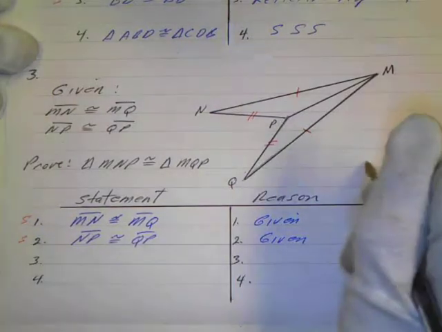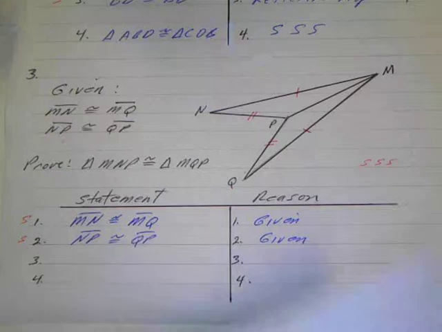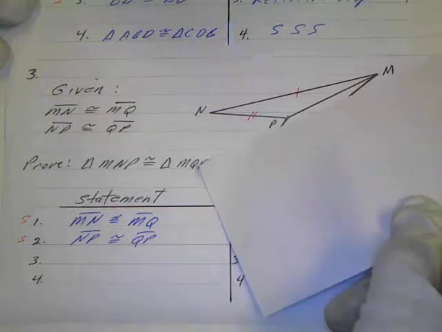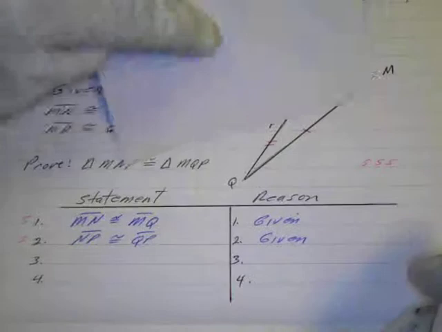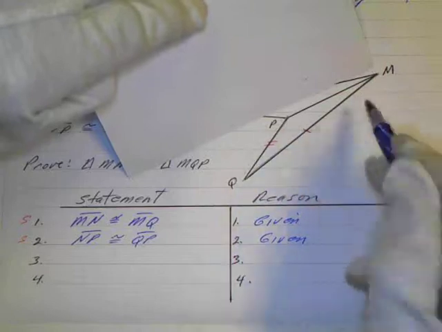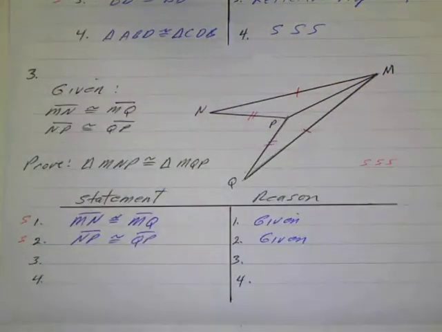Our strategy will probably be to get side, side, side. If we look at these two triangles, there's MNP and MQP. You notice we have a common side in both triangles. The side MP is in this triangle, and MP is in that triangle. So we can use that as our third side because it's congruent to itself, equal in measure to itself.